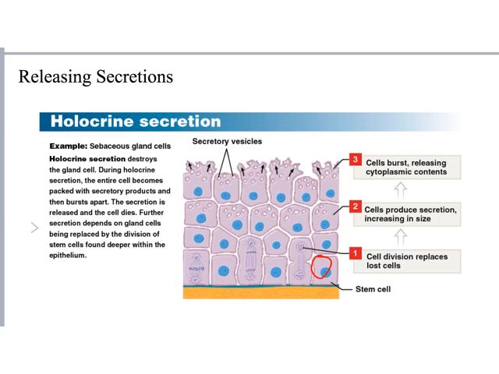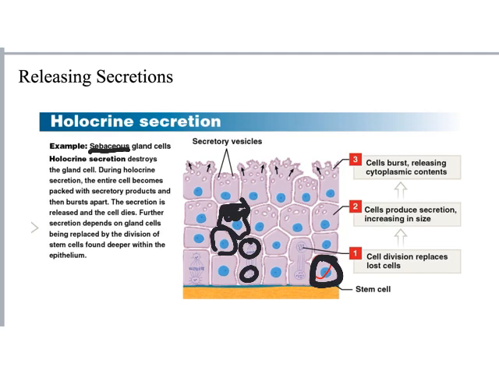And then, of course, you've got to have stem cells down at the bottom that are, you can see here, replicating and dividing, and then they can become mature cells, and they can make more of the substance. In this case, we're talking about sebaceous glands, which produce oil for your skin and hair.